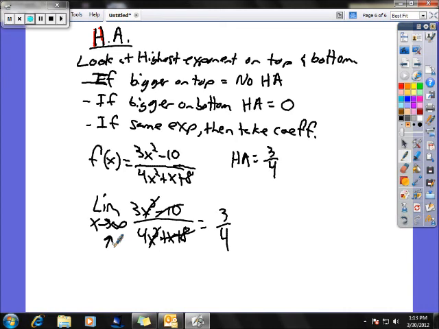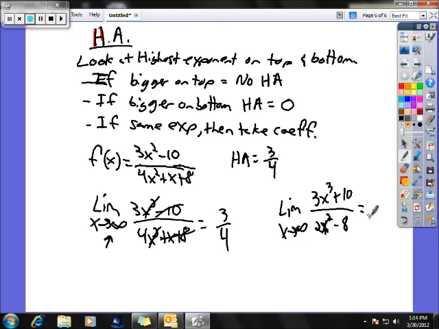If we have the limit as x approaches infinity of, say, let's change this to 3x cubed plus 10 over 2x squared minus 8. So now that's bigger on top. Now there's no horizontal asymptote, but there is a limit.